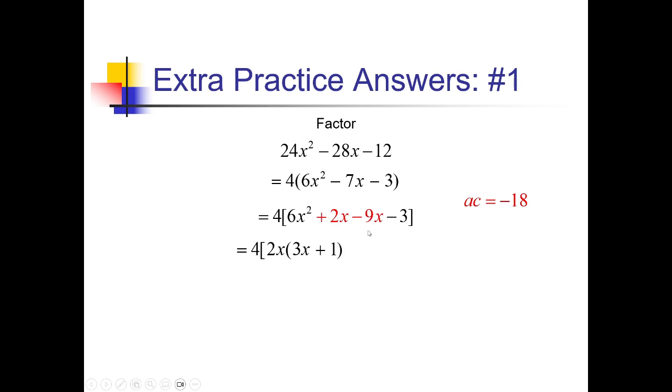And the last 2 terms, I can take a negative and a 3 out of all that, leaving me with 3x plus 1. The 4 is still there from before. I can take out my 3x plus 1 now as a common factor, and then 2x minus 3 is my leftovers factor. And that's it for that one.